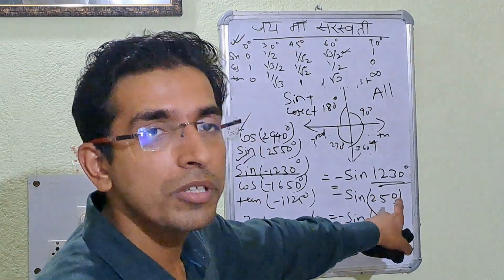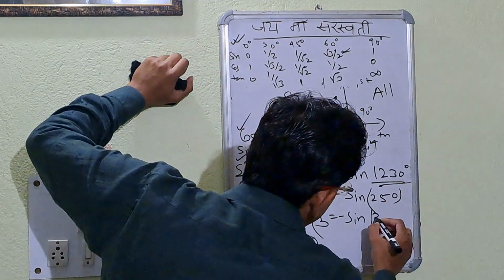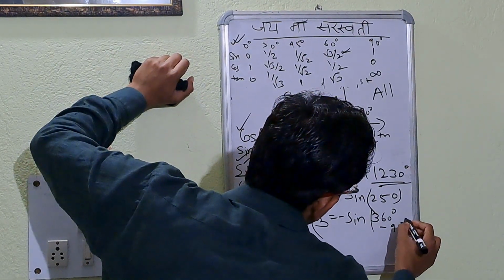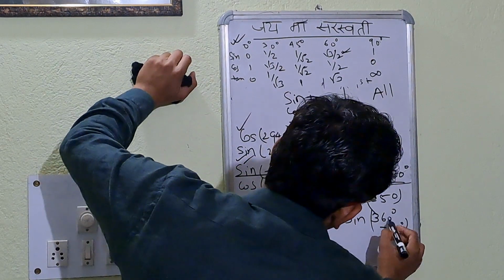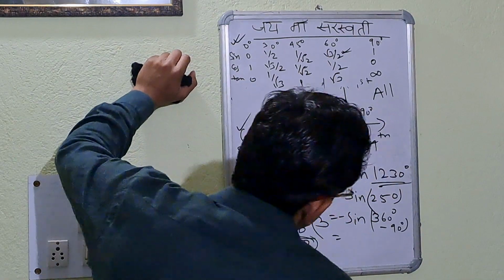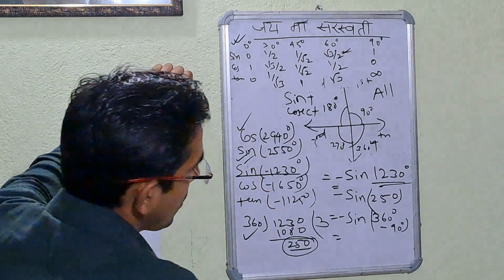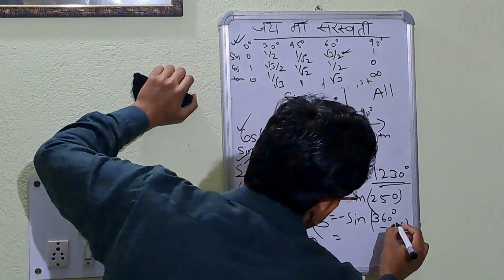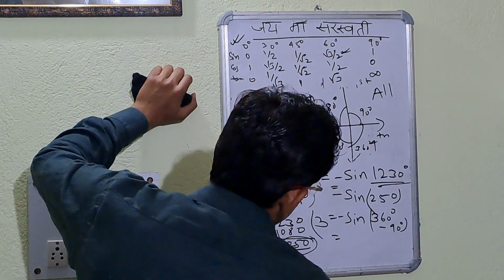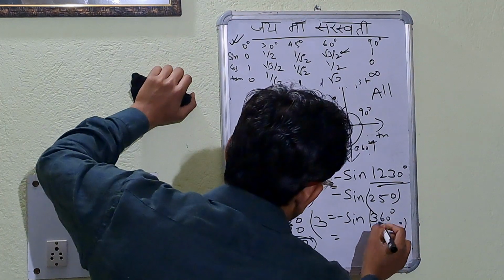This is nearer to 360 degree. In that case, we will break that angle into two parts. So it will be 360 degree minus 90 degree, I think. Wait a minute. It will be, oh, 181.